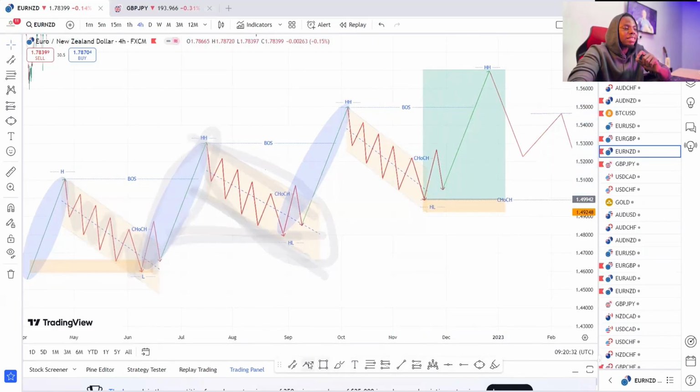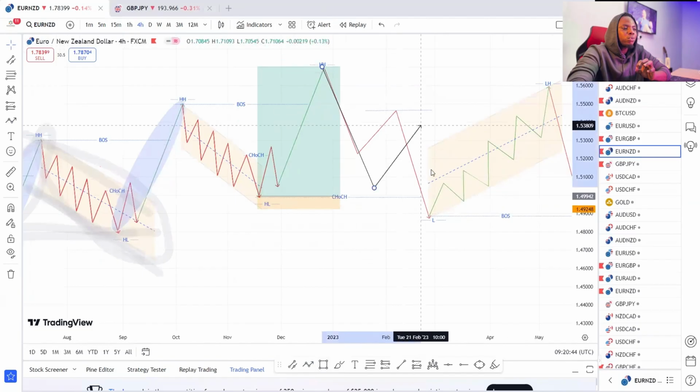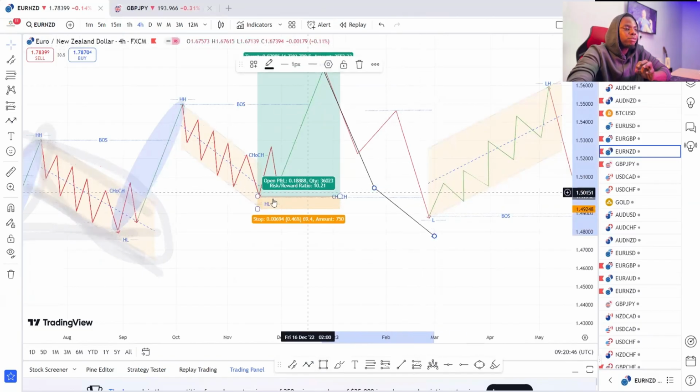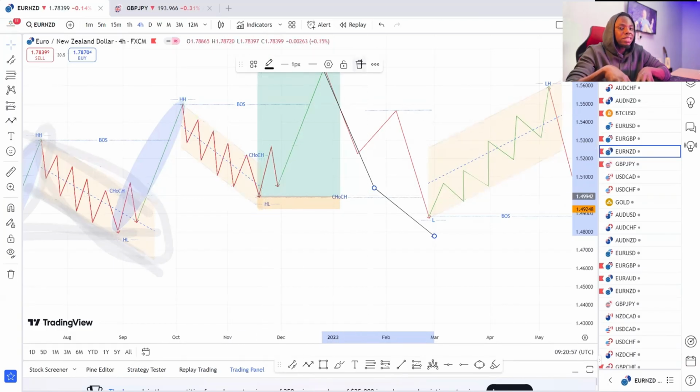Now, looking at it here, I'm expecting the chart to come to this particular level here to go and create a new higher high for the uptrend to continue. But if you notice what happened here, the market pushed to the downside and broke the last low. That means there's a shift in the market movement from an uptrend to a downtrend.